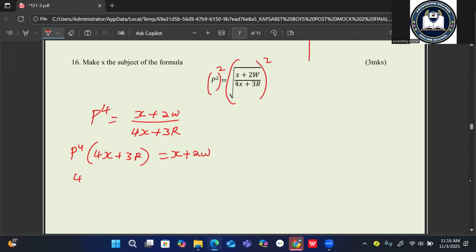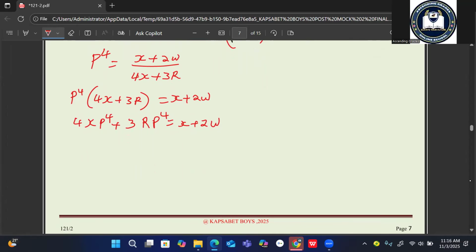So 4x p power 4 plus 3r p power 4 is equal to x plus 2w. Since we are searching for x to make it the subject of the formula, we got to take this x on the other side, so it becomes 4x p power 4 minus x is equal to 2w minus 3r p power 4.